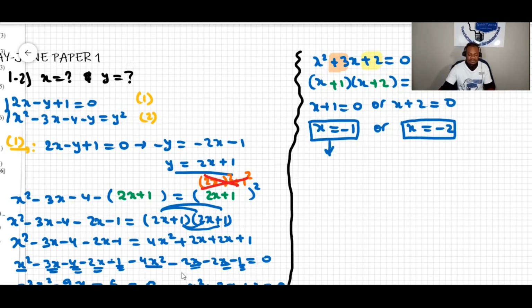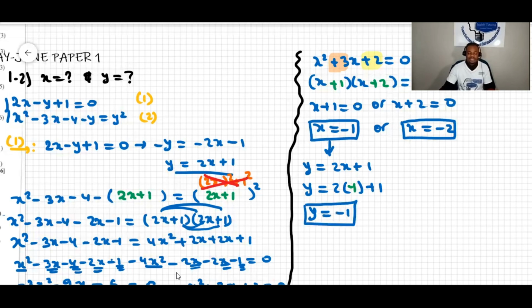Since y is equal to 2x plus 1, we substitute the value of x. x is equal to negative 1. This will make y equal to negative 1. We got y also.